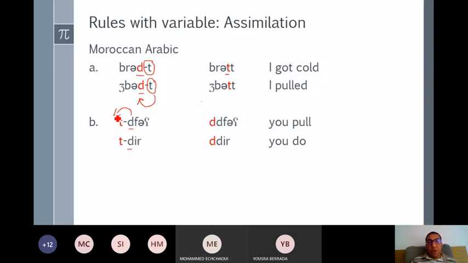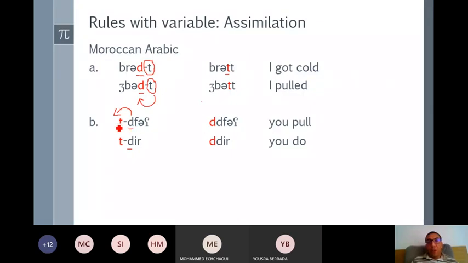The first gets affected by the second. If you want, the first segment assimilates to the second. If the second is voiceless, then the first becomes voiceless. If the second is voiced, then the first becomes voiced.